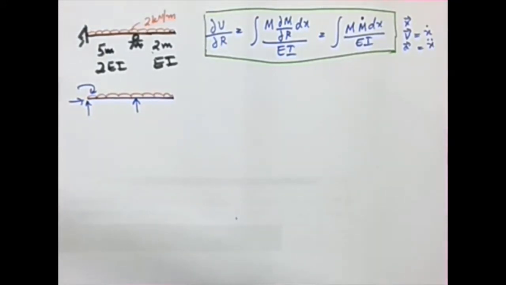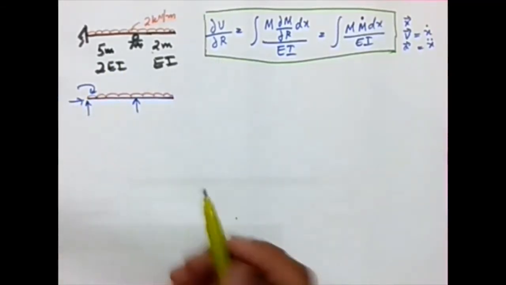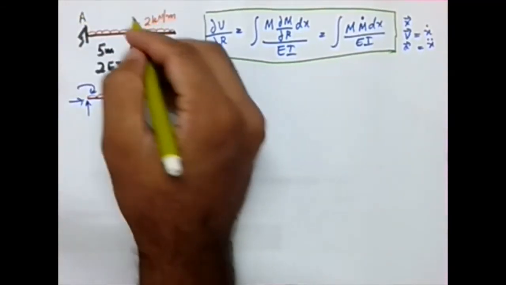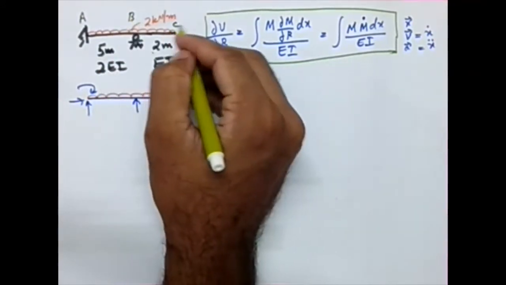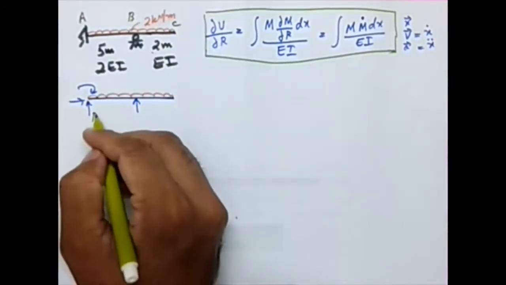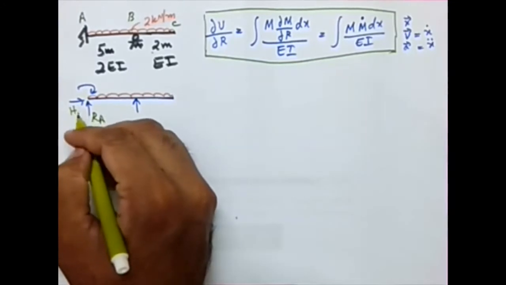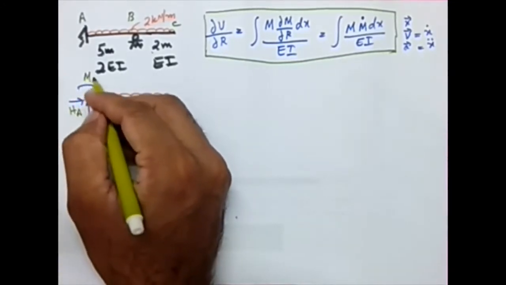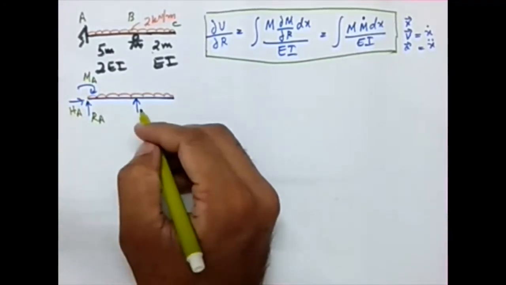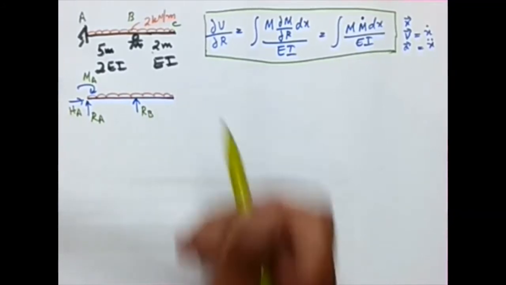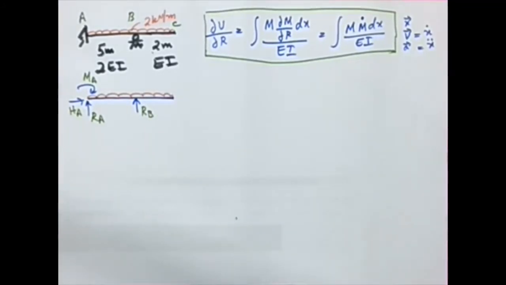So how many reactions are here? If I am naming it, let this be A, B, and this point be C. So this is RA, HA, and MA. This will be RB.